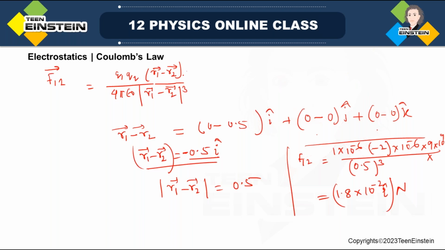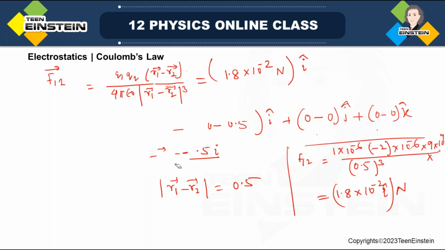So how much are we getting? 1.8 into 10 to the power minus 2 Newton. This is along the x direction, the i cap direction. All right.